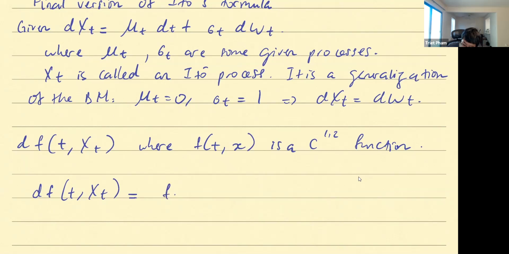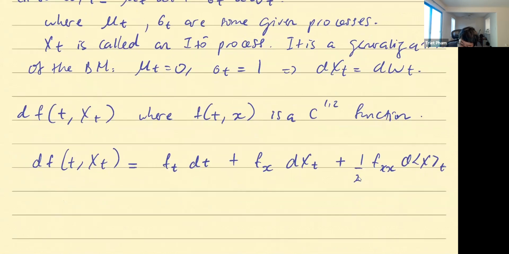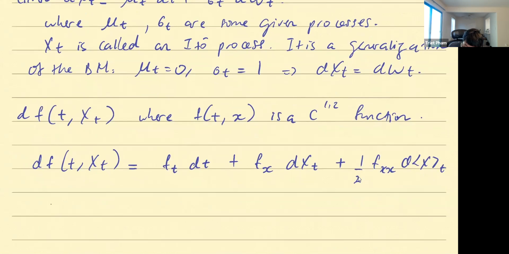First, you differentiate with respect to t, dt. Then you differentiate with x, but instead of dwt, we got dxt. And instead of dt, we got something like this, where at one point we did introduce this, the quadratic variation of x.